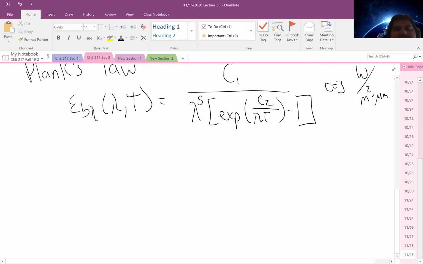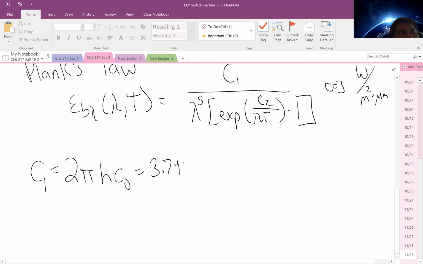So with that, C1 was 2 pi times Planck's constant times c naught squared, which is 3.742 times 10 to the eighth watts micron to the fourth over meter squared.